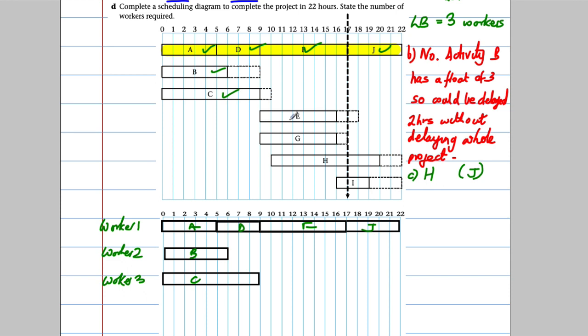Now, I've done this, this, this, this, this, and this. Now, E's next. Where am I going to put E? Well, I could put E either with B or C. It doesn't really matter.